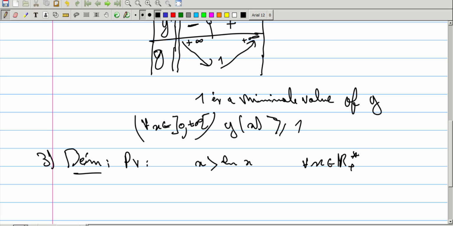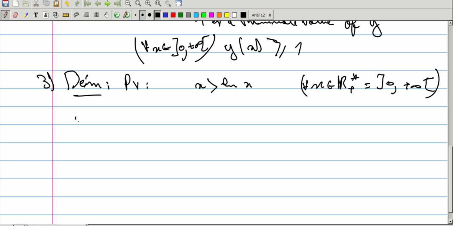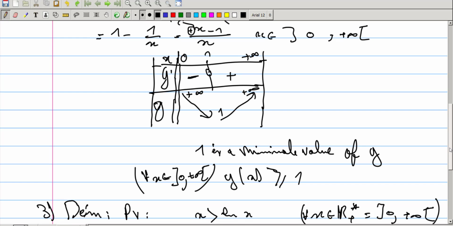Okay, that means x is in 0 plus infinity, if you know the... So we said that whenever we talk about x in 0 1, as you can see in the table here, we have a constant variation of g.